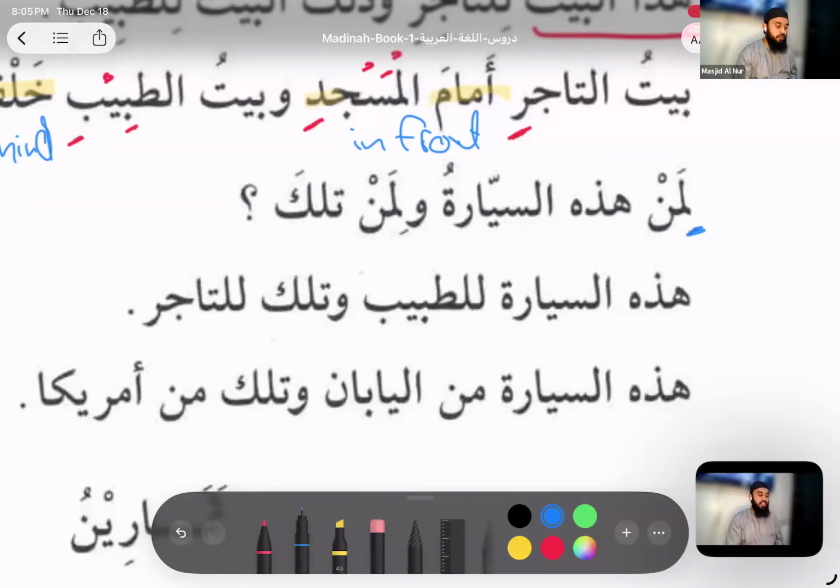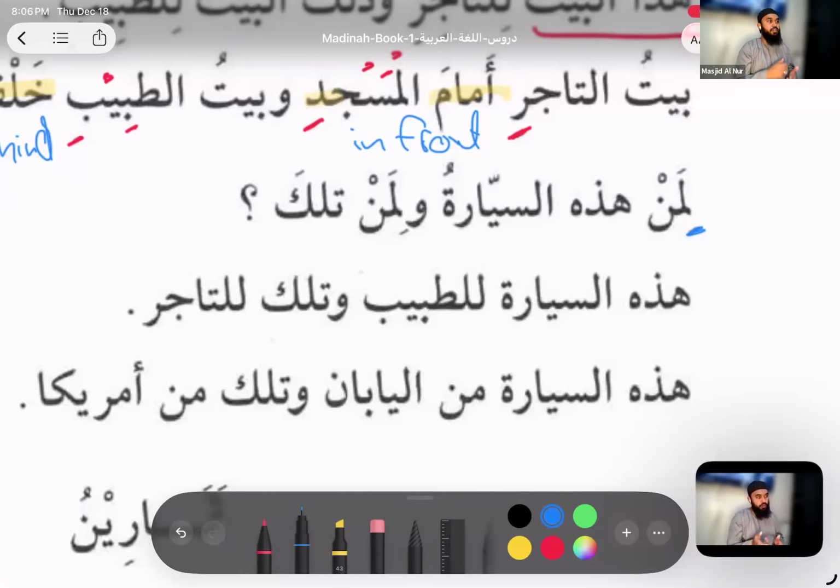So can you translate that for me? All right, let's see. Literal translation, even if it doesn't make sense in English. Give me literal. For what is this car? For who? Liman.